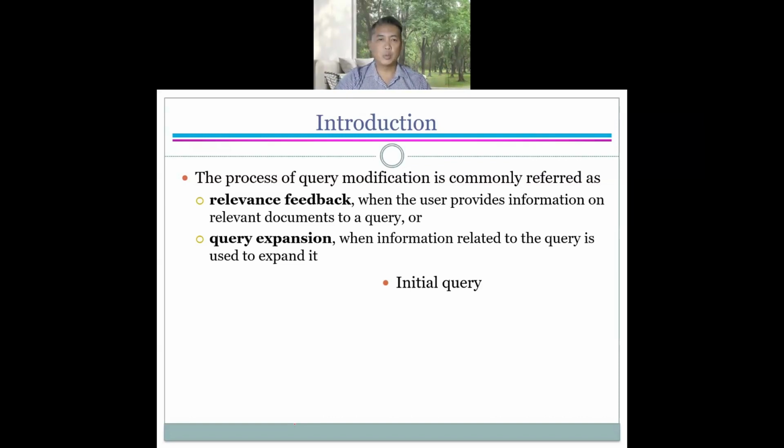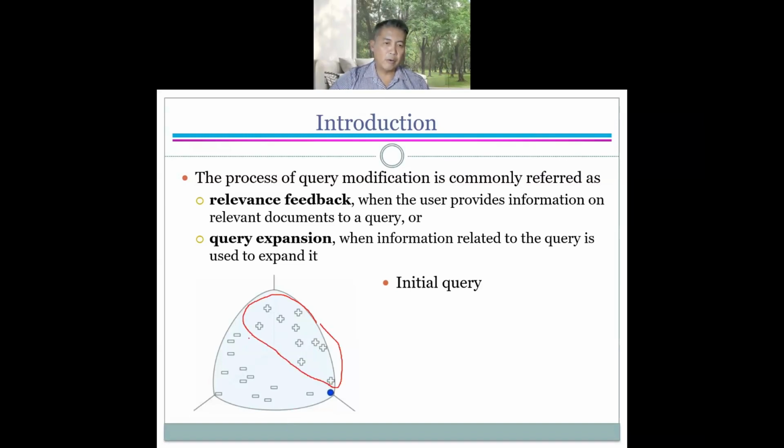So let's suppose we have this. Your initial query is this one. Basically you are looking at all these documents here, which are relevant, and you do not want all of these. Your aim is to move in this direction.